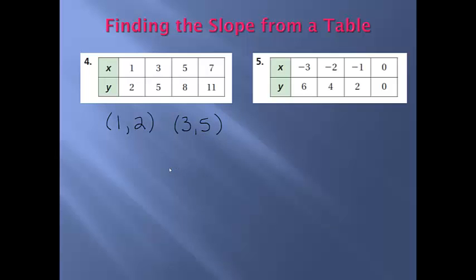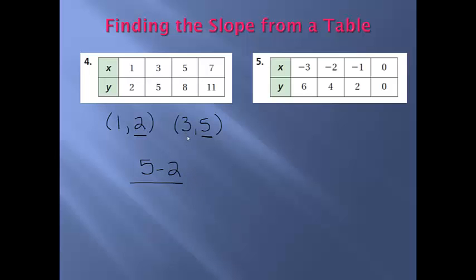We can do our rise over run by doing the change in y over the change in x. So for our change in y, we have 5 for y on the second ordered pair, and 2 for y on the first ordered pair. So for our change in y, we have 5 minus 2. Now for our change in x.